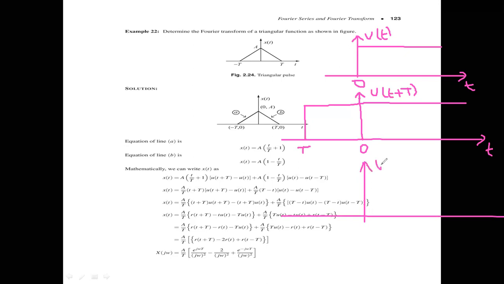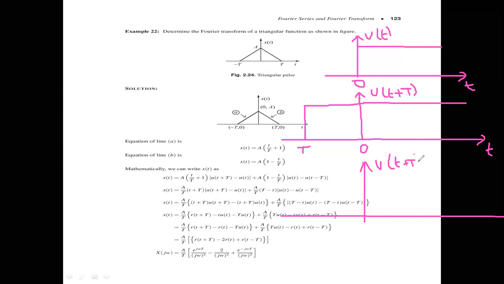I'm taking first of all mu of t plus capital T. Listen carefully, my dear students. This graphical representation is very, very important: how we got this expression for the given triangular function, converting it into the mathematical expression.